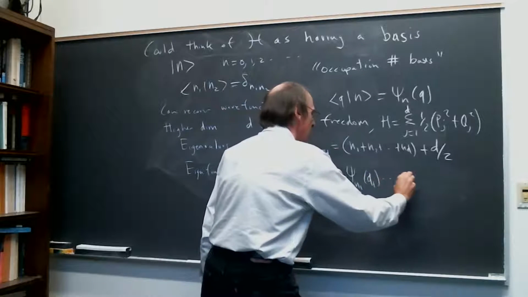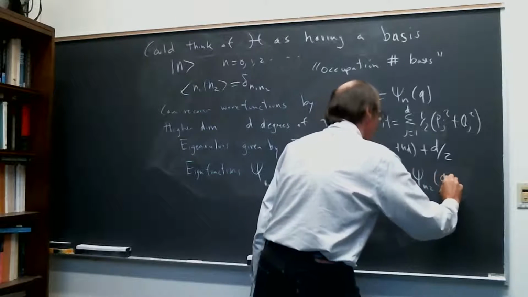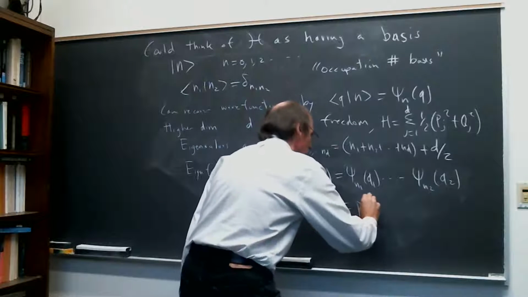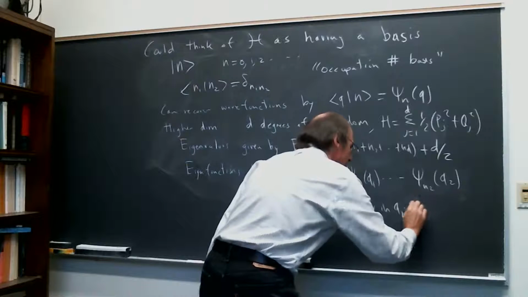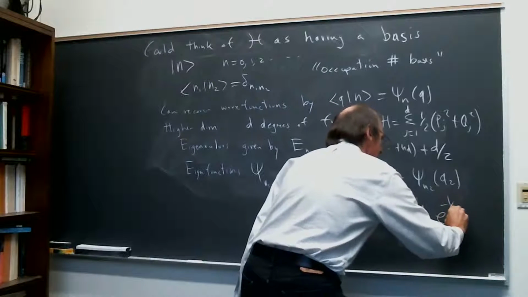Q1, Q2, and this is just going to be some polynomial in Q1 through QD, and then a Gaussian.